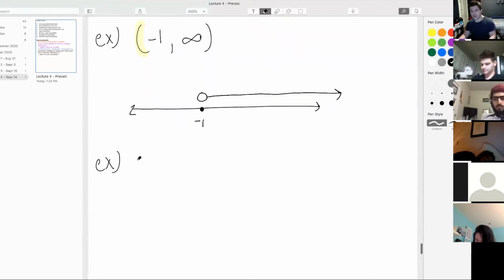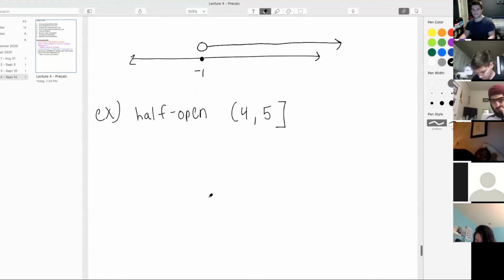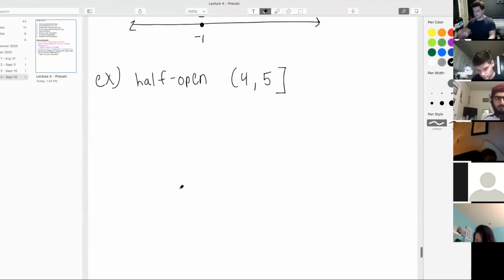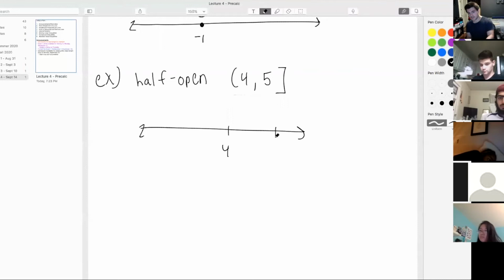How about the half open interval, 4 comma 5? It's the same setup as before. I'll put 4 here, and 5 here. There is a parenthesis at 4, so I'm going to put an open circle there.